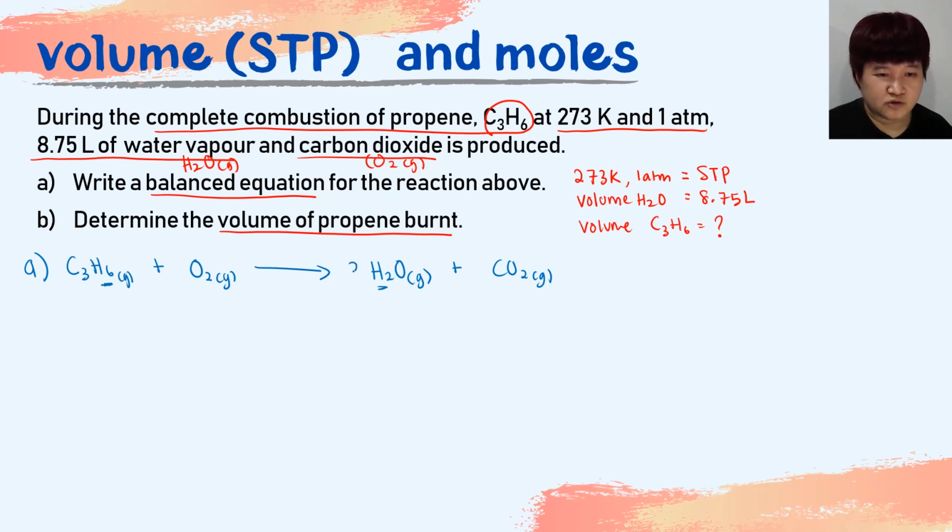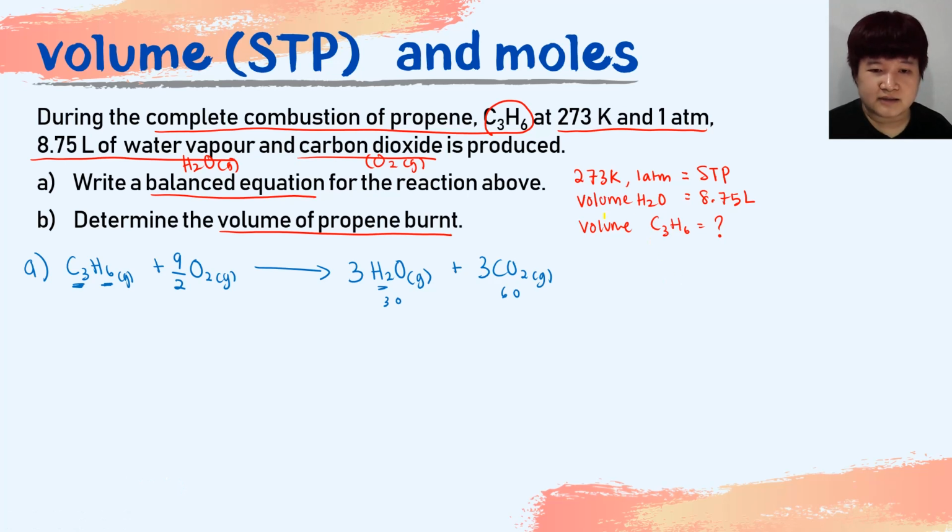So I need 3. 3 carbon. So I need 3 carbon dioxide. How many oxygen? 3 times 1, 3 oxygen. 3 times 2, 6 oxygen. So total, I have 9 oxygen over here. Therefore, oxygen will be 9 over 2. And that is our balance equation.